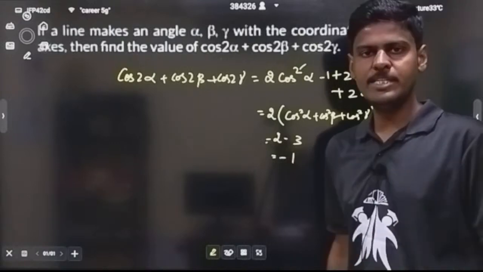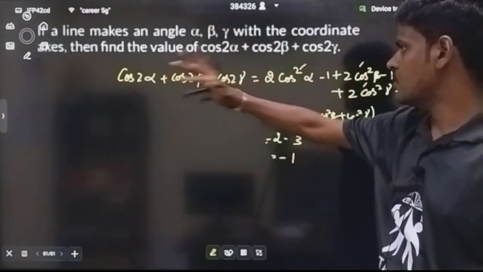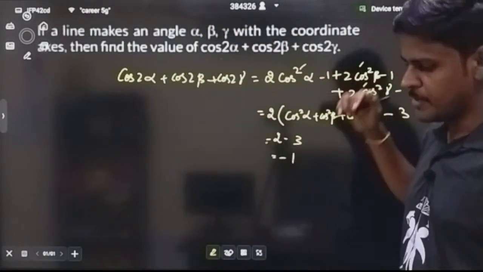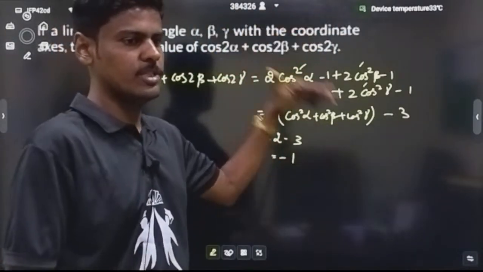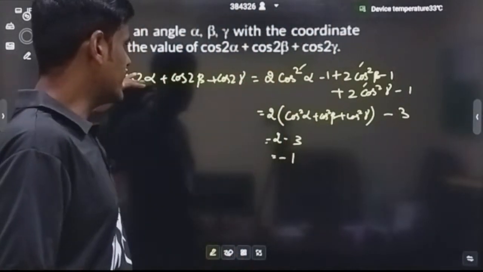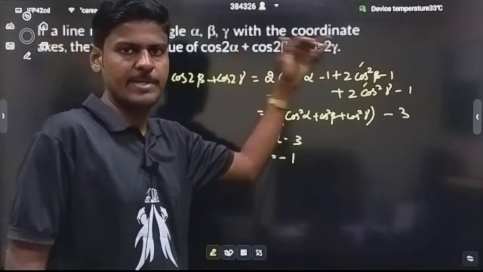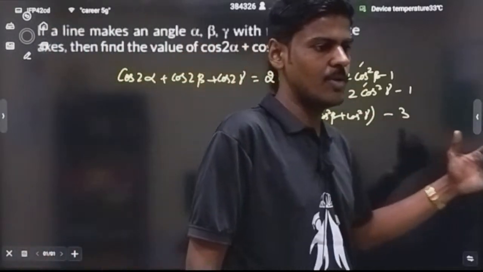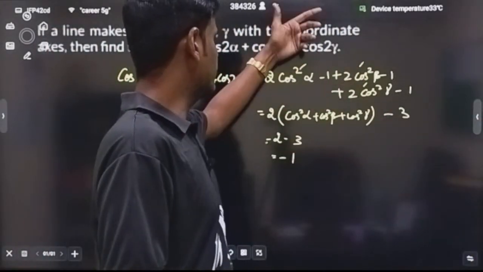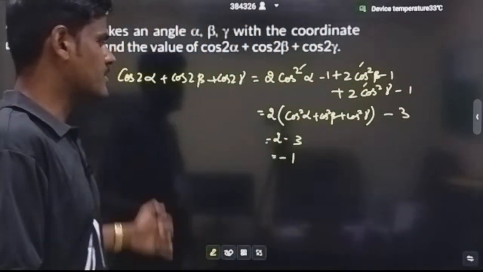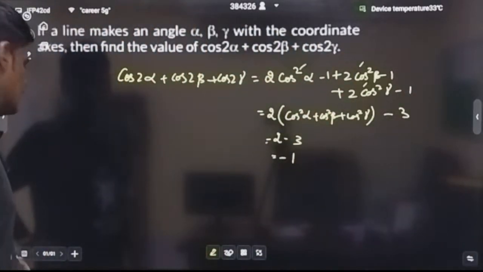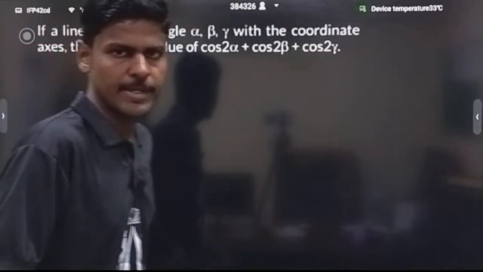Clear now, students? Easy questions. Just use the only condition, that is cos square alpha plus cos square beta plus cos square gamma equal to 1. You can also do this question in reverse. Write the relation cos square alpha plus cos square beta plus cos square gamma equal to 1, and from that try to bring cos 2 alpha, cos 2 beta, cos 2 gamma. Anyways, the answer will be the same, both are okay.